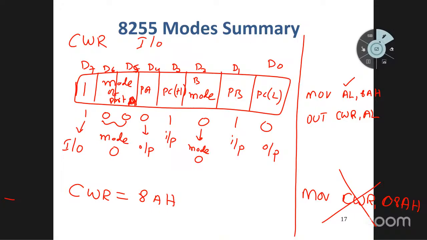In place of AL you cannot use BL or CL. Only the data can be transferred to the external device using the accumulator.